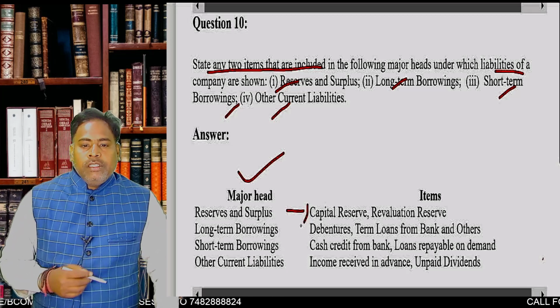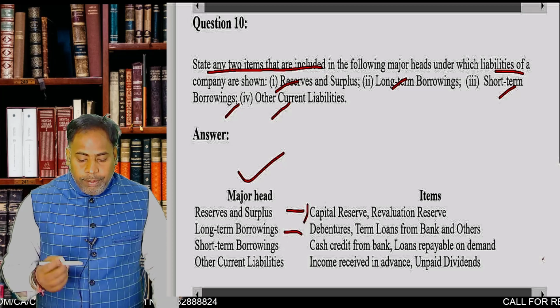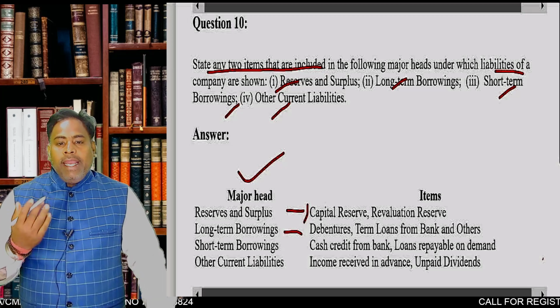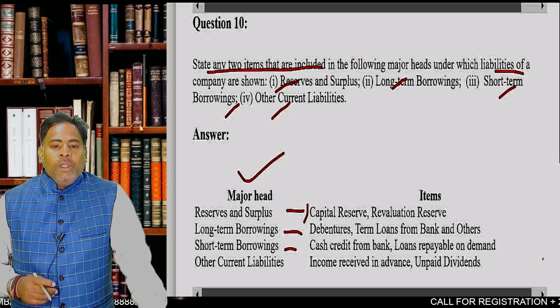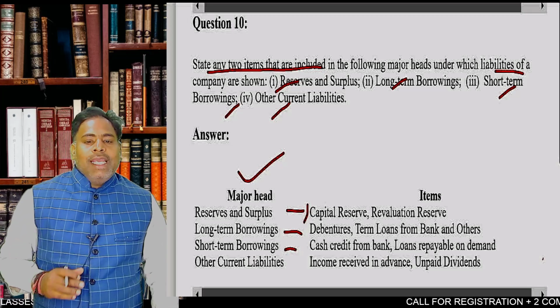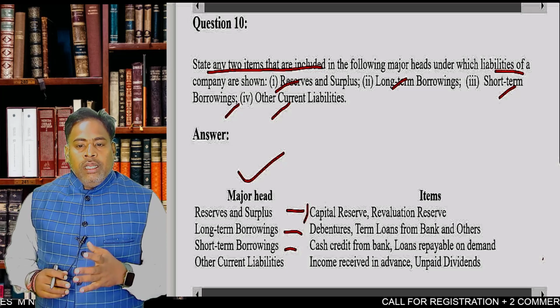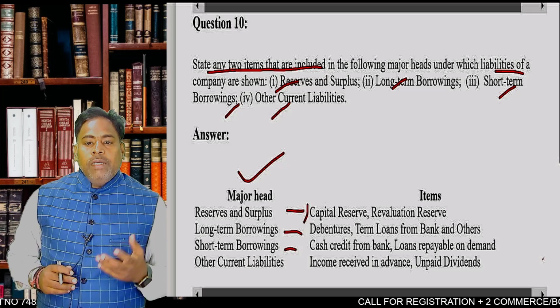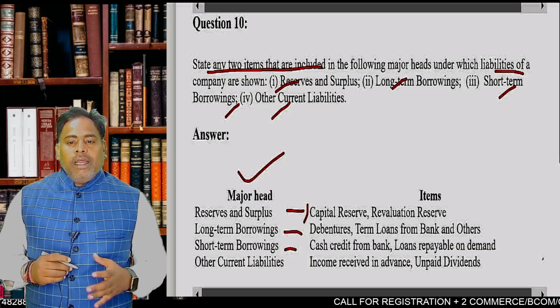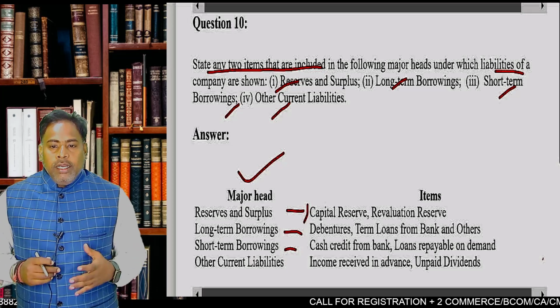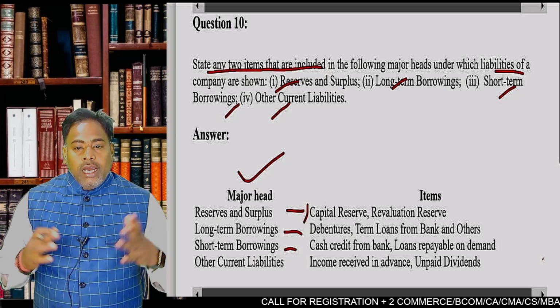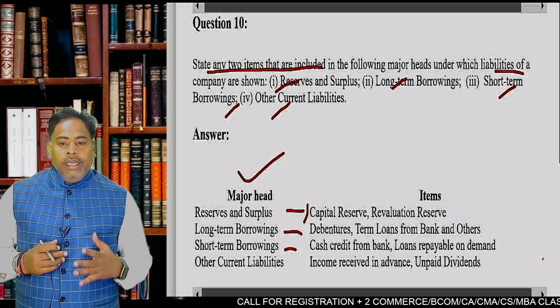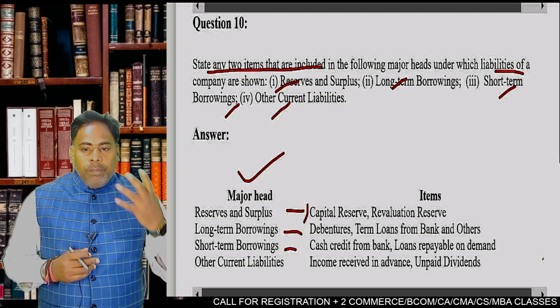Long-term borrowing, it will be debenture and term loan from banks and others. Example is given. So these are the items, you need to give the example of it. Short-term borrowing, cash credit from the bank, means overdraft. Then loan payable on demand, that is short-term borrowing. And other liability, that is income received in advance and unpaid dividend.